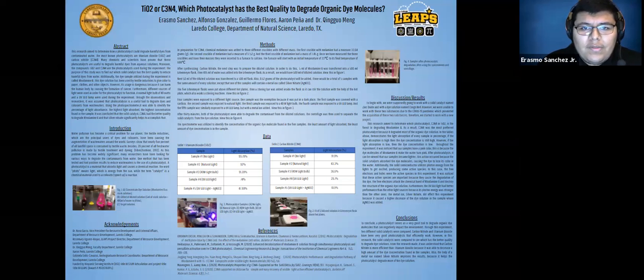The first project was going to involve a solid catalyst named zinc oxide, but the pandemic prevented the acquisition of this substance, so we started with a new project that involves C3N4 and TiO2. This research is to determine the better photocatalyst at degrading rhodamine B. If we look at the tables, we can see that C3N4 was a better photocatalyst.